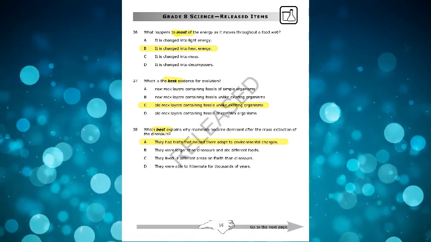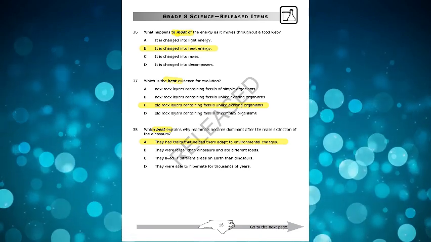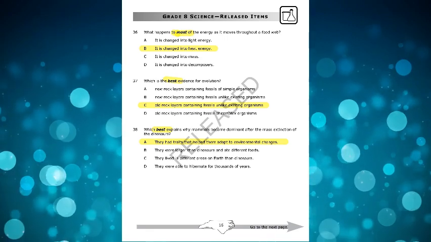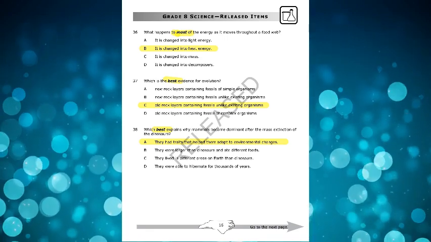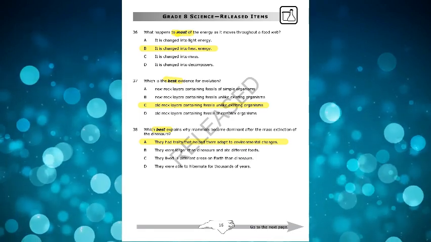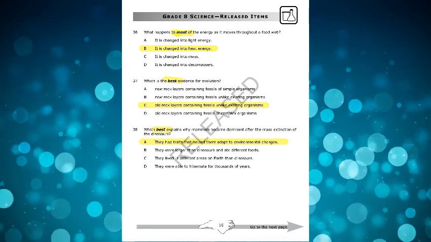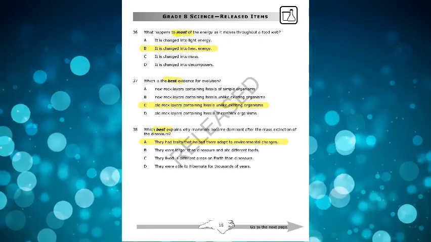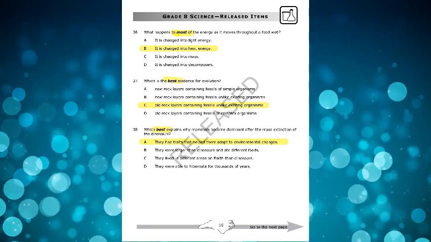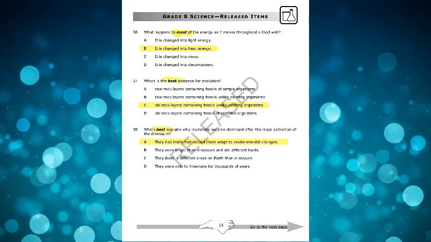All right, so what happens to most of the energy as it moves through a food web? And again, it is changed into heat energy. So whether that heat energy is being used through the animal moving or through production of waste products, what have you, it's changed into heat energy is the best answer there.